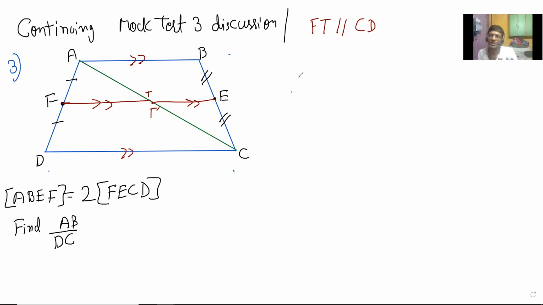So now using similarity you can show that AT will be equal to TC, so T will be the midpoint. But then again T prime C will be equal to AT prime, so T prime will also be the midpoint. So from the construction we can say that it is parallel. Okay. That's the point.